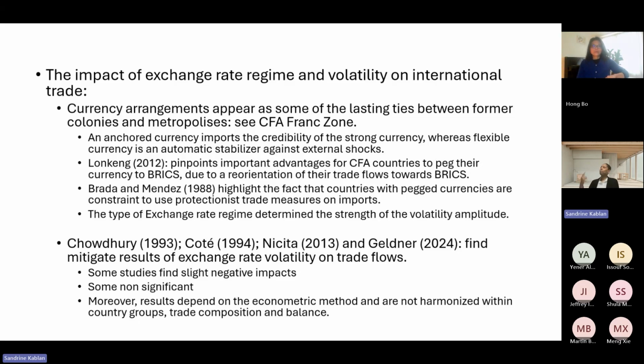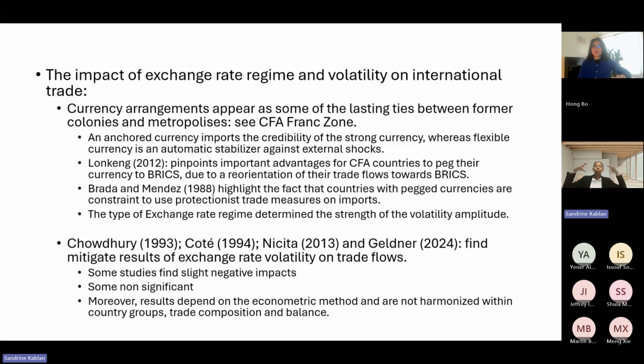Because when he analyzed the trade patterns of those countries, he showed that in the decade of the 2000s there was a kind of reorientation of their trade flows towards BRICS. Because of that, if they peg their currency to BRICS, they will gain a benefit in trading with these countries because they will be protected against currency fluctuation.